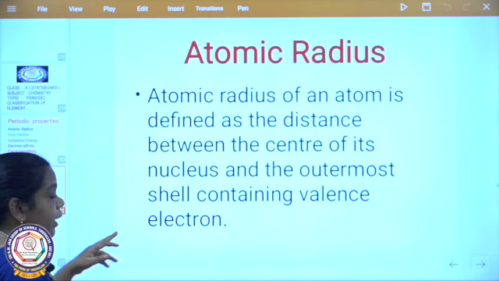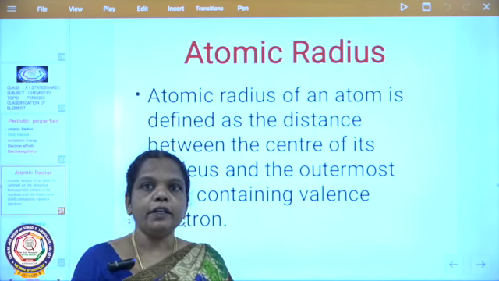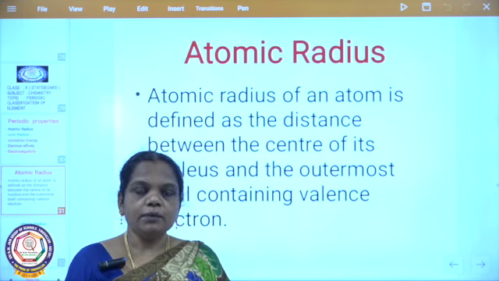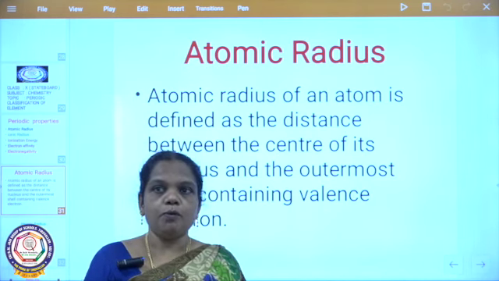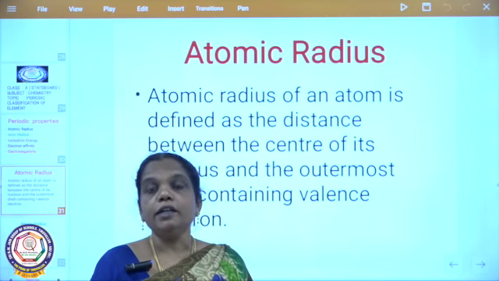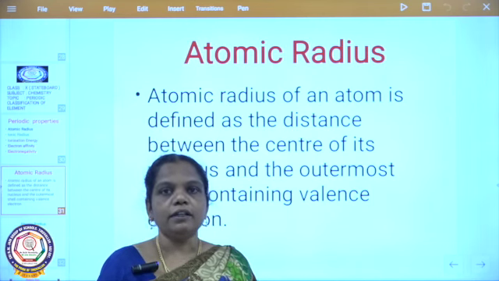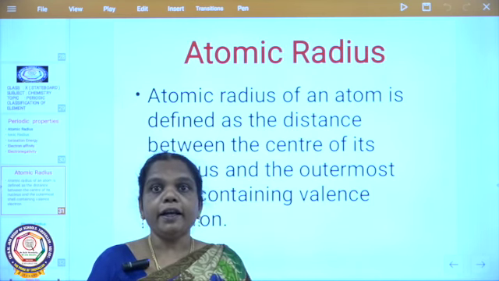The radius is not calculated accurately because atoms cannot exist as stable ones. We can calculate the atomic radius only for the inert group, because they have a stable electronic configuration, but for the other remaining atoms we cannot.